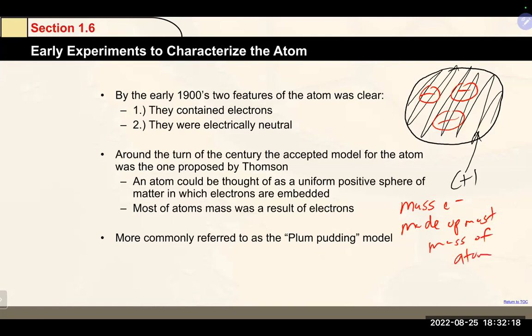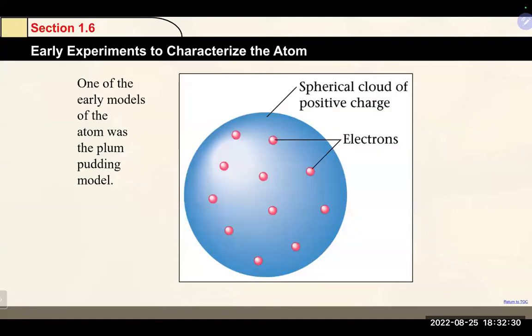So this was an early, accepted model of the atom at the time of these experiments. And here's a much nicer picture of that. Again, you can see the electrons embedded inside the positive sphere.